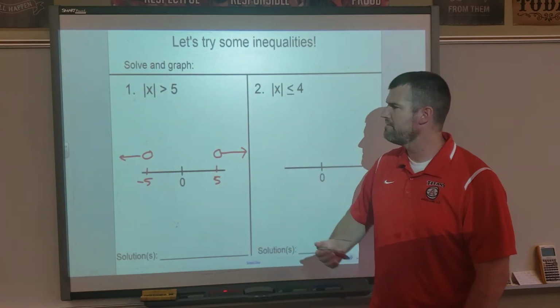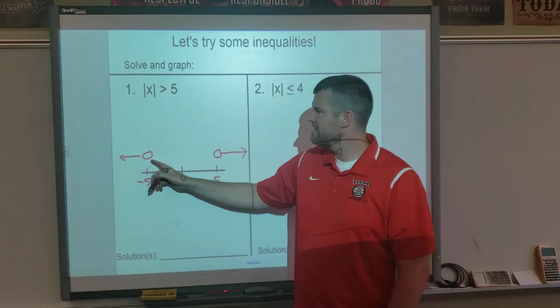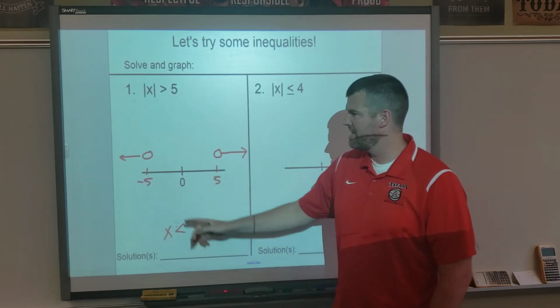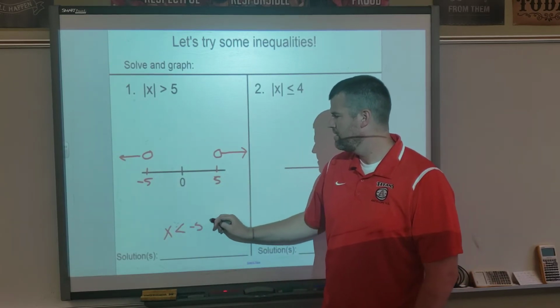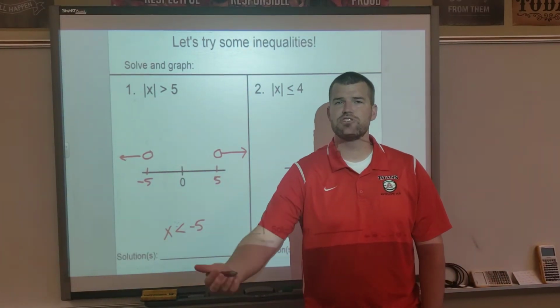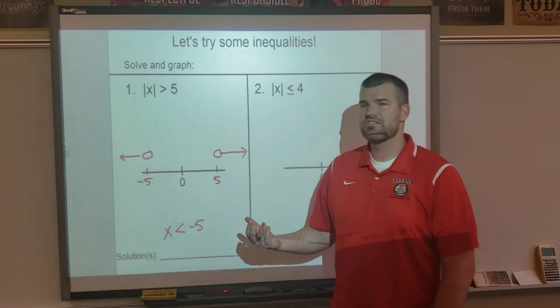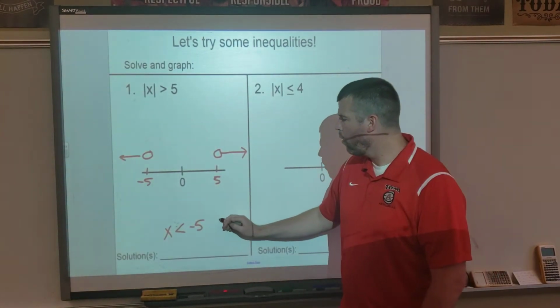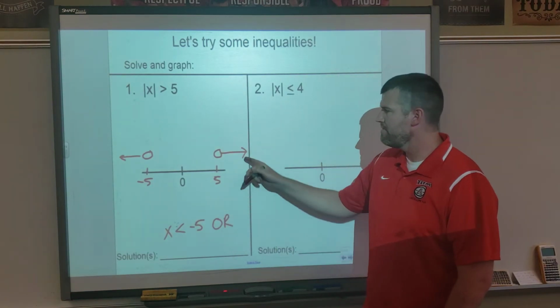So to show that we have a lot of answers, I can say that every number that is less than -5 will be a solution. -7 is a solution. -300 is a solution. Because those numbers are all more than 5 spots away from 0. Or we have other possibilities.